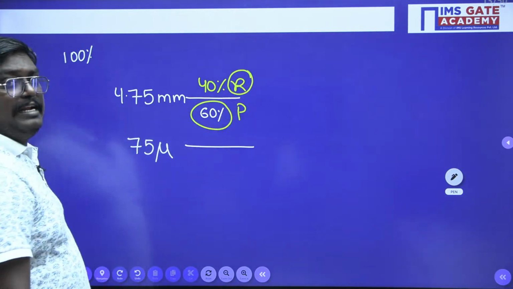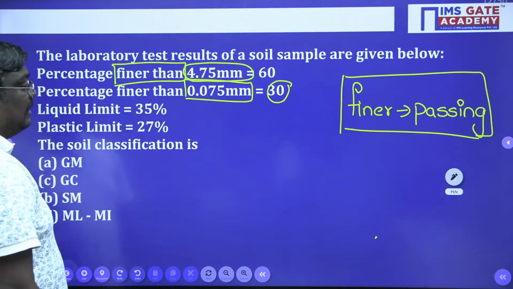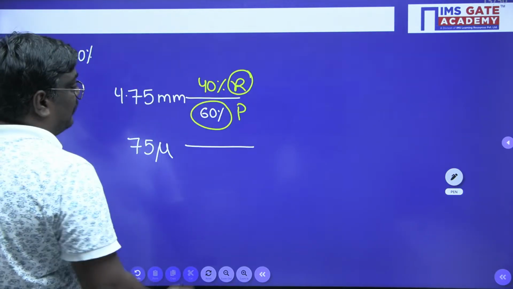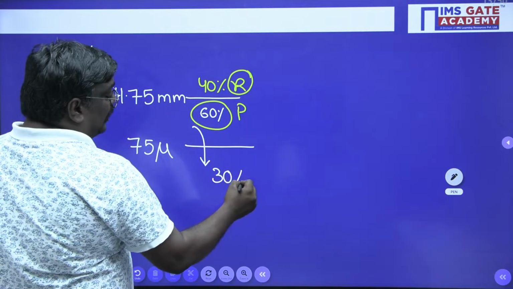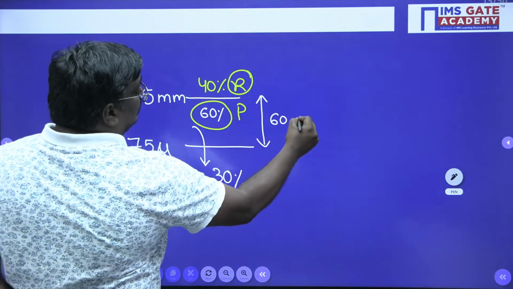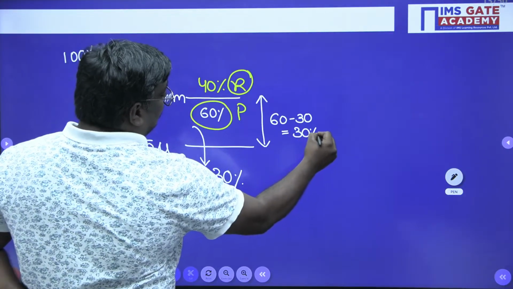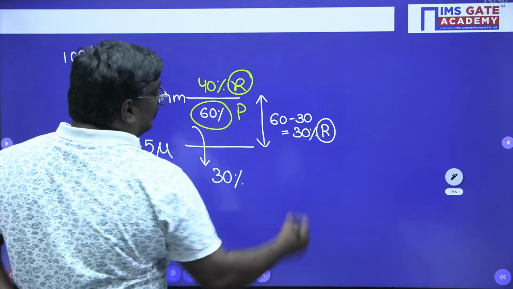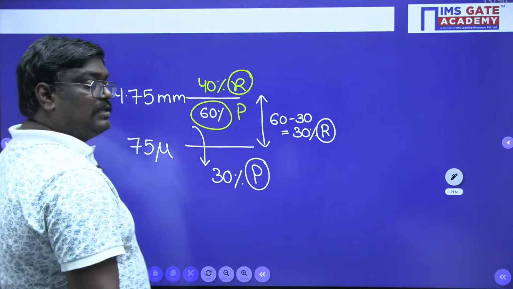R denotes retained and P denotes passing. Out of 60%, in the 75 micron sieve there is 30% passing. So the retained value here is 60 minus 30, which is 30 percentile, and this is 30 percentile passing.